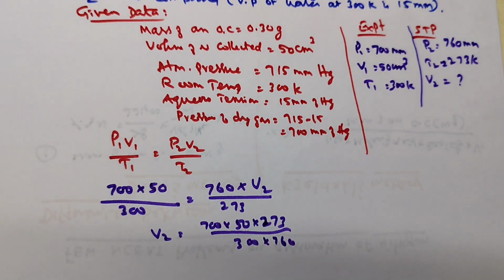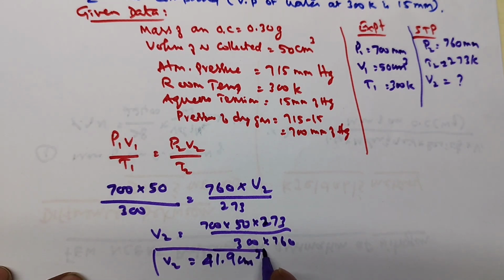If you simplify all these, we get the value of 41.9 centimeter cube. So the volume of gas at STP is 41.9 centimeter cube.